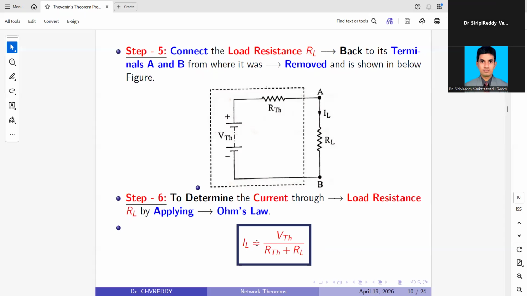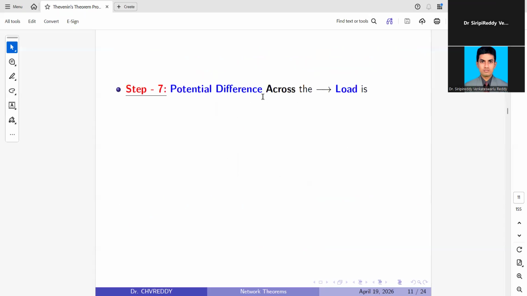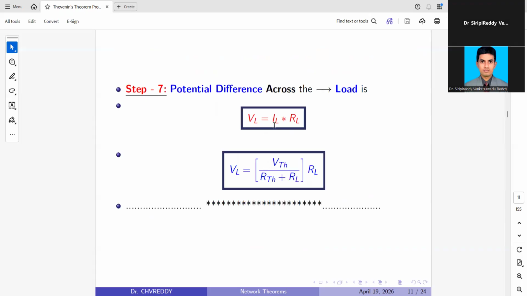Once we know the load current, we need to calculate how much drop occurs across the load resistance. The potential difference across the load, that is the voltage drop across the load, VL equals IL into RL. We know IL is VTH by RTH plus RL.